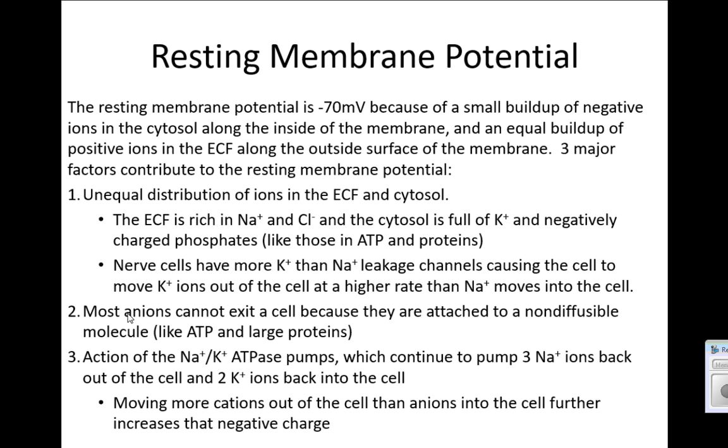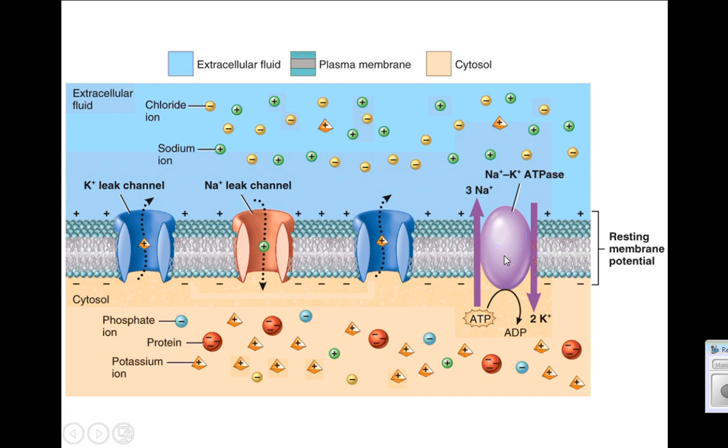Negative. So those negative charged ions can't leave the cell because they're kind of stuck to a molecule that won't diffuse out. And then finally, that sodium-potassium ATPase pump, which pumps 3 positives out, 2 positives in. That's a result loss of 1 positive charge, isn't it?